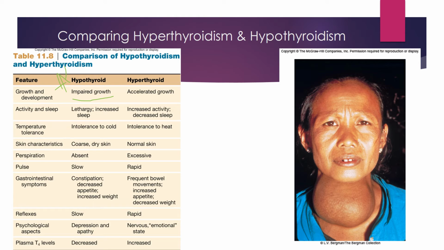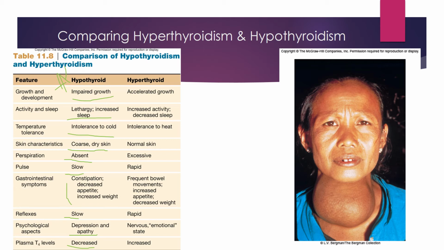It will lead to an increased amount of sleep, an intolerance to cold, so no matter what, you cannot get warm. Also, dry, coarse skin appears, lack of perspiration, a slow pulse, constipation, a decrease in appetite but an increase in weight gain. Your reflexes tend to be a lot slower. Depression and apathy tend to occur, as well as a decrease in circulating thyroxine levels.